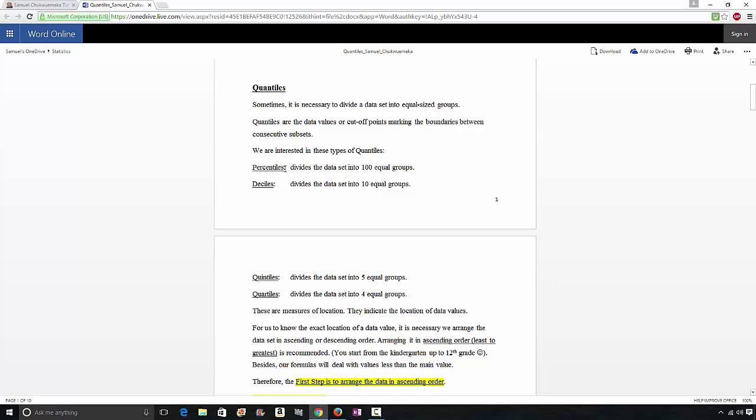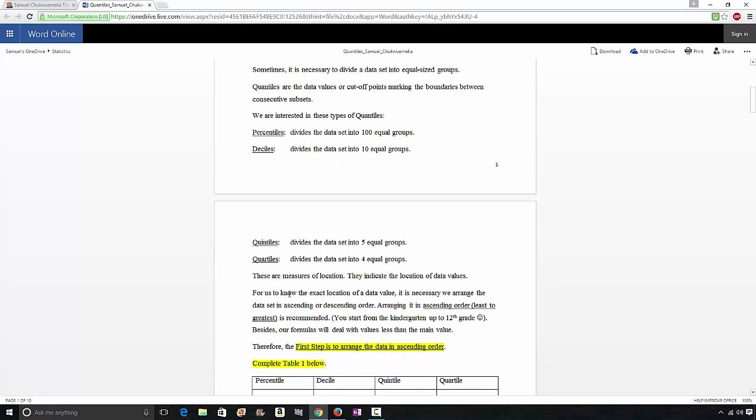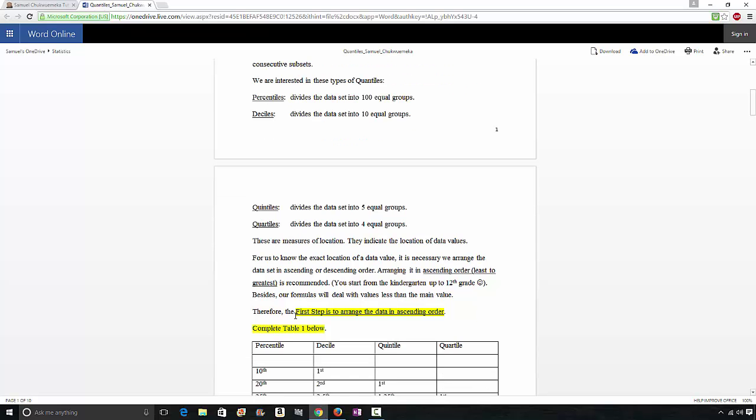Percentiles: when you talk about percentiles, you're talking about dividing the data set into 100 equal groups. Deciles divide the data set into 10 equal groups. Dividing the data set into 5 equal groups gives you quintiles. And dividing the data set into 4 equal groups gives you quartiles.